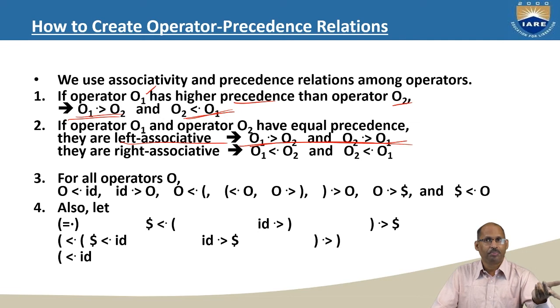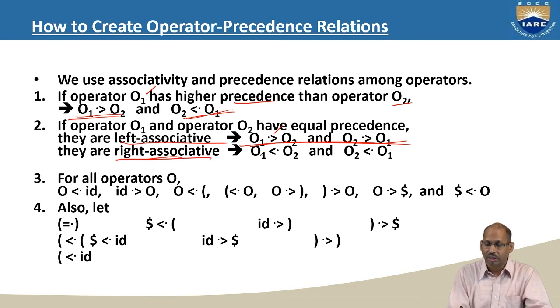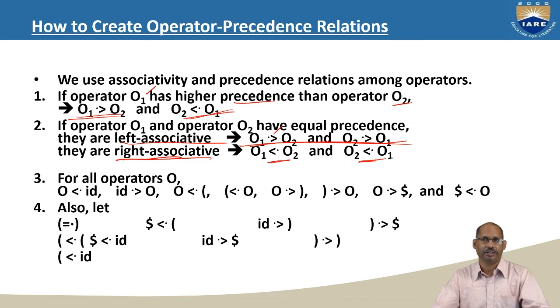If two operators have equal precedence and are left associative, then the higher precedence symbol we have to consider. If it is right associative, the lower precedence operator is to be considered.